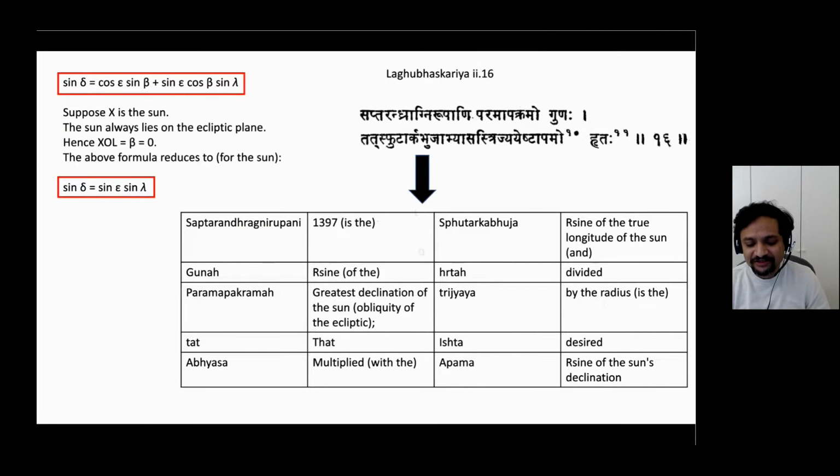One constellation takes 30 degrees, and three constellations would take 90 degrees, 30 times 3. So the R sine of 90 is R times 1, that is equal to R. That's how the word trijya means radius in Hindu astronomy. So this is how we are to understand this verse to get this formula.